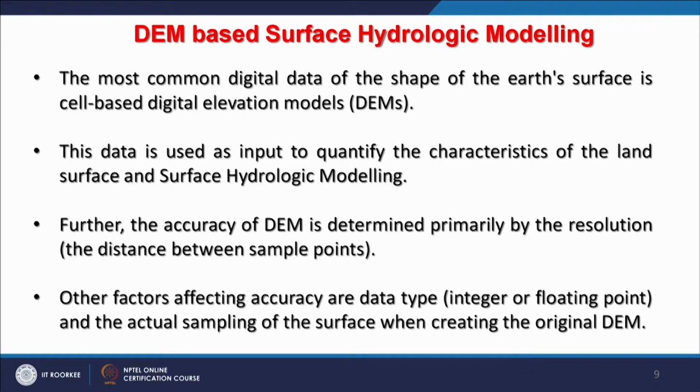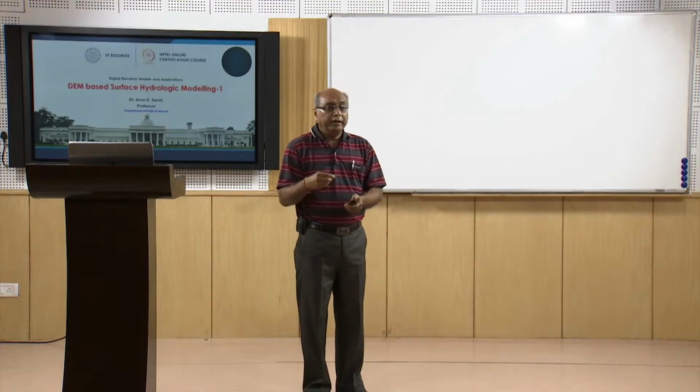The factors which affect the accuracy are the data type, that is the cell values of a digital elevation model, whether integer or real floating point values, which will sometimes influence our results, though generally a DEM has real or floating point values, and the actual sampling of the surface on which the surface hydrologic model will be performed from the original digital elevation model. So these things will influence our surface hydrologic modeling outputs.